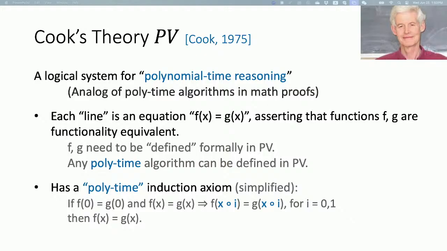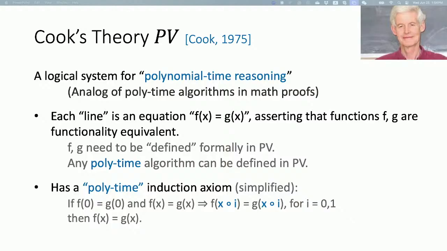To prove two algorithms f and g are functionally equivalent, you first prove they produce the same output for the input 0, and then you need to prove the induction step.